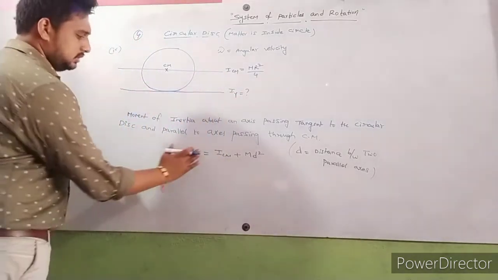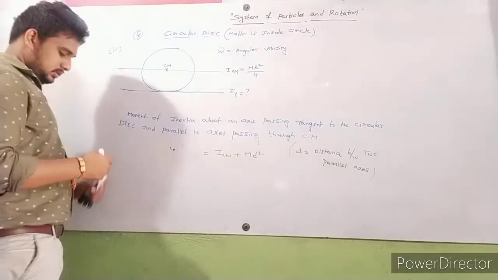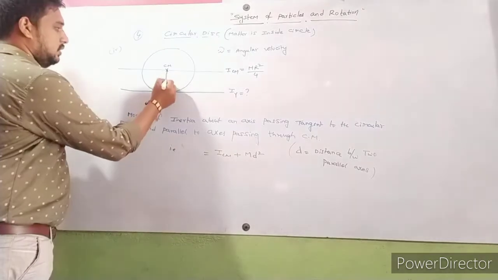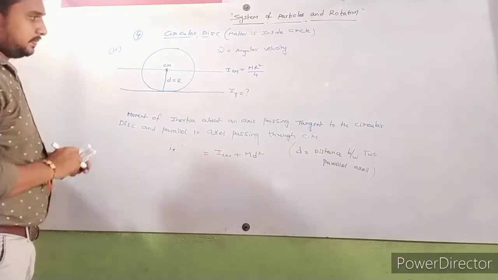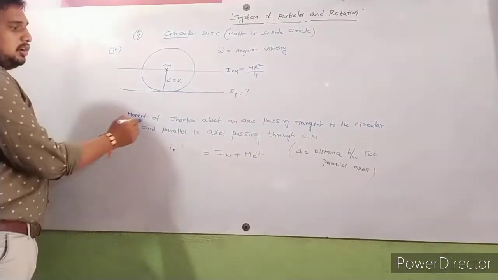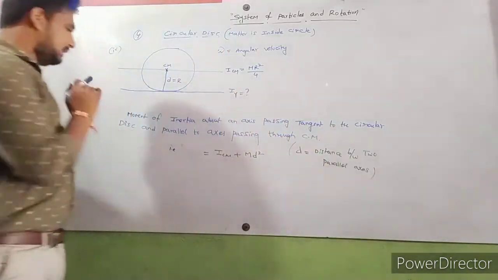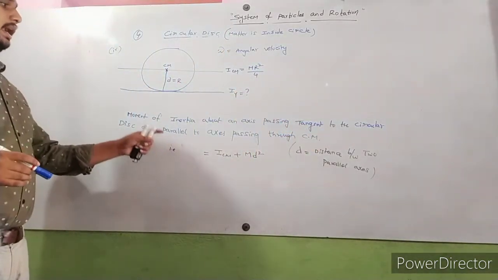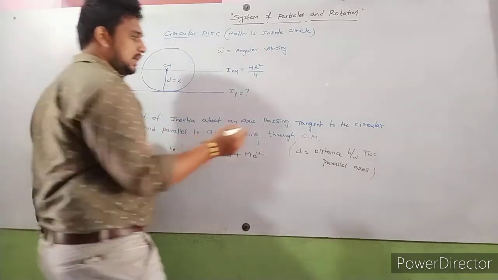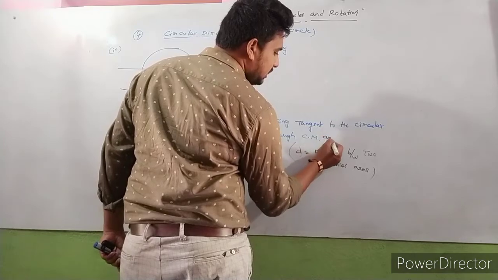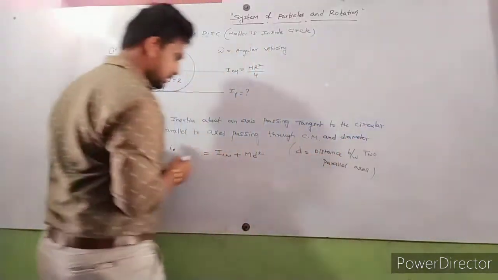I consider Iy. Moment of inertia about an axis tangent to the circular disc and parallel to the axis through center of mass, passing through the diameter.